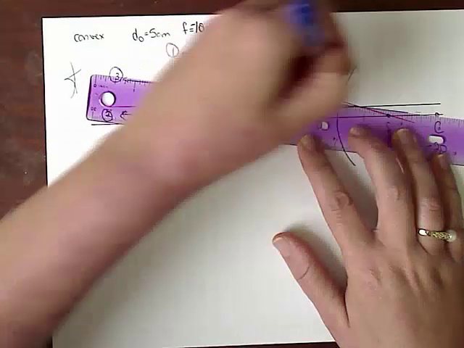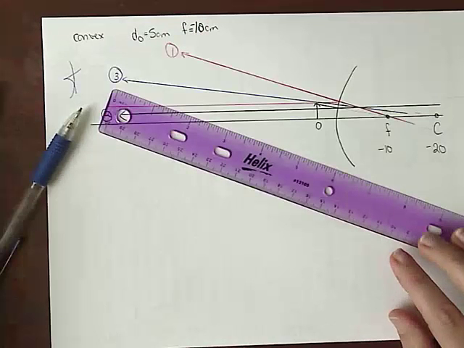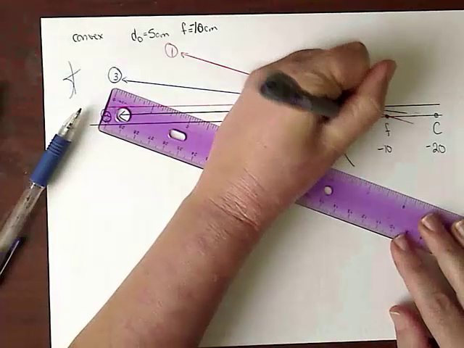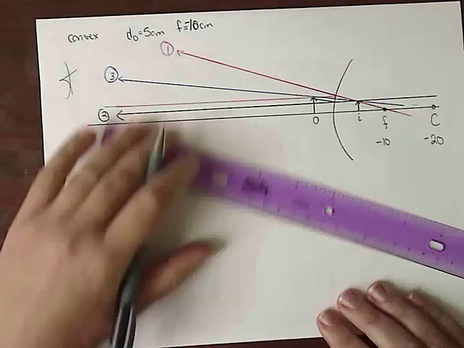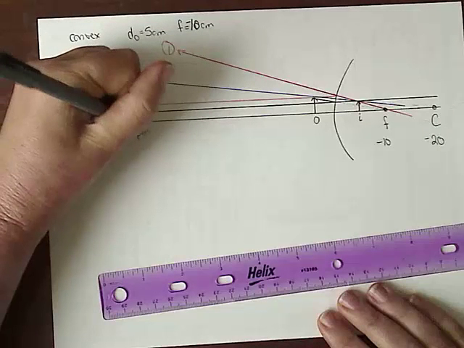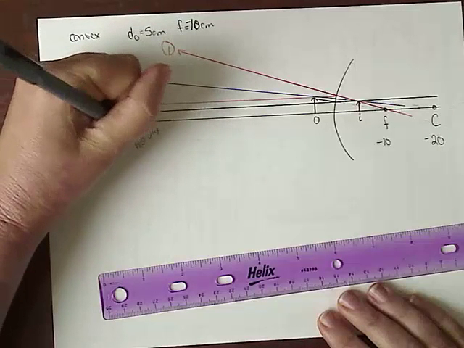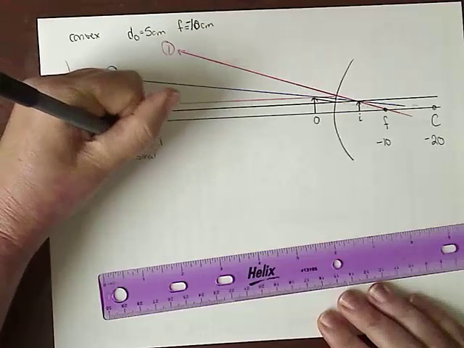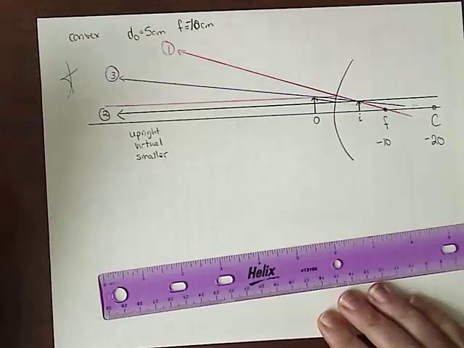And so if you look, all 3 of those meet at this point over here. So that's the tip of my image. All right, so there's my image, and we get what we'd expect. We get that the image is upright. It's on the far side of the mirror, so it's virtual, and it's smaller, exactly what we'd expect for any situation for a convex mirror.